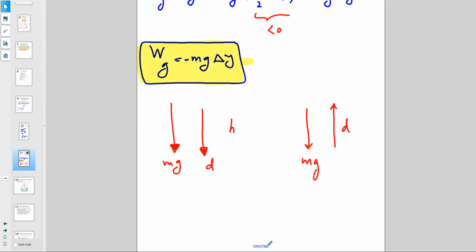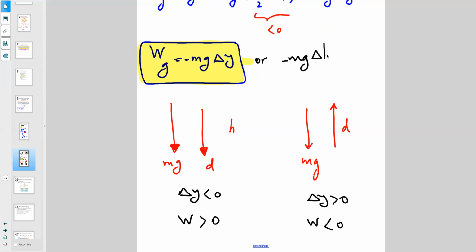So here I have delta y being negative, but here I have delta y being positive. Here I have work done being positive, and work done being negative. If I keep the formula like that, negative mg delta y, or I can write it like this, negative mg delta h.